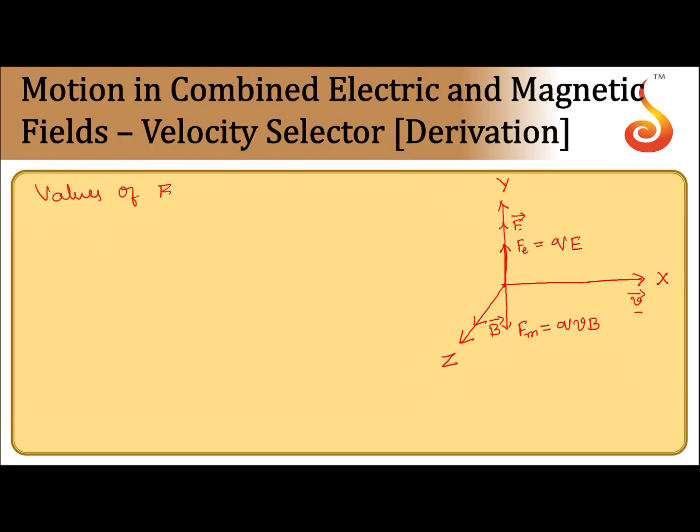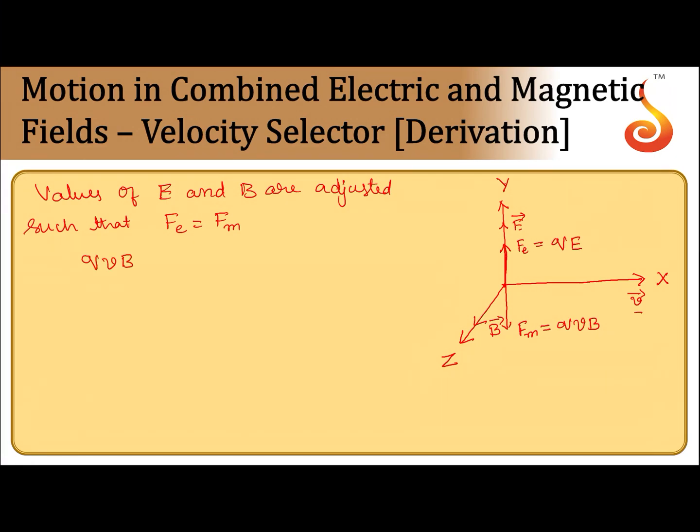Values of E and B are adjusted such that Fe is equal to Fm. Electric force and magnetic force are equal. Then what happens?